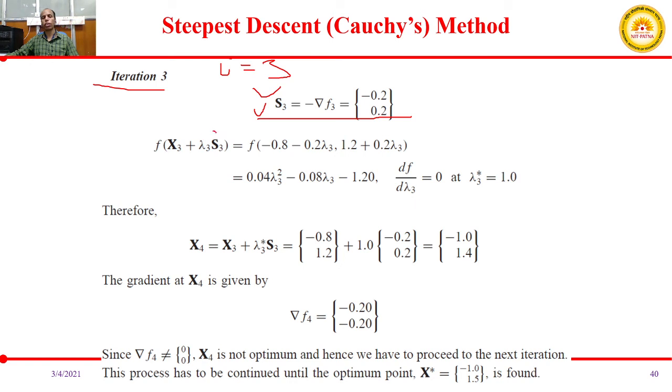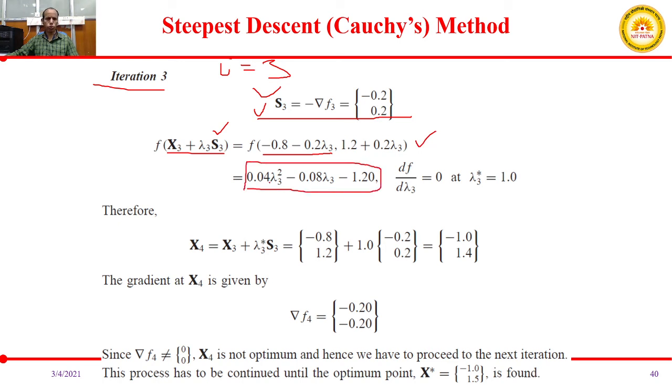So to get the step length in search direction S3, you will have x3 plus lambda 3 s3 is equal to this. If you put these values, the values will come minus 0.8 minus 0.2 lambda 3, comma 1.2 plus 0.2 lambda 3, which will be equal to this expression.